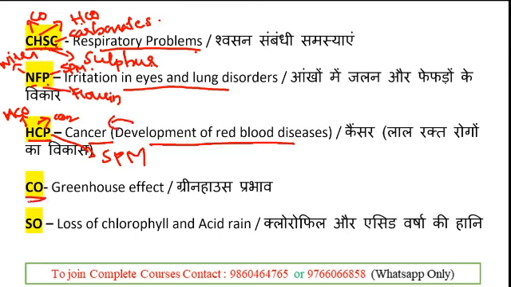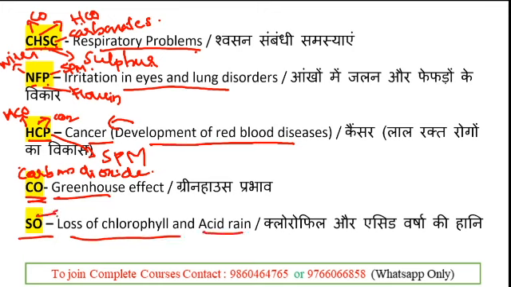Clear? And CO2, that is carbon dioxide, causes the greenhouse effect. And SO2 causes loss of chlorophyll and acid rain, that is sulfur dioxide.